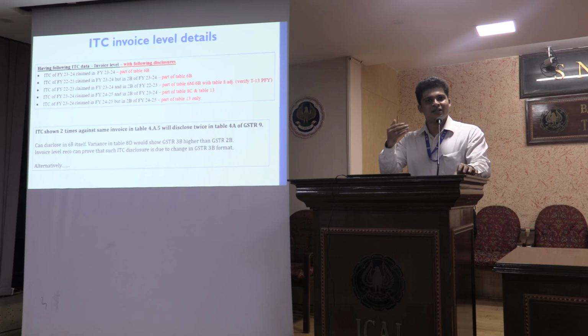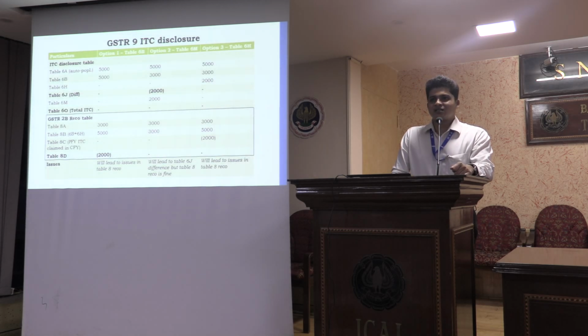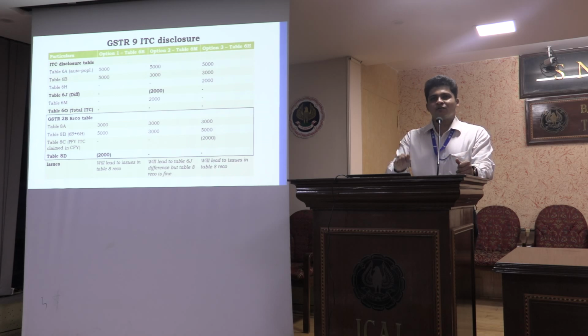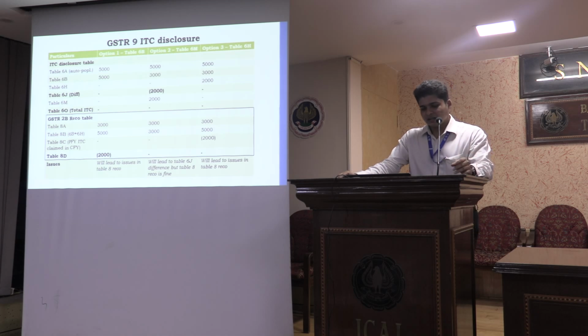If you don't want to take that risk of showing a variance in table 8D, the option which arises is showing it in table 6B, 6M or doing it in 8C. So if you see option 1, I have disclosed total value 5000 in 6A, which is auto populated. 6B also has the same value.